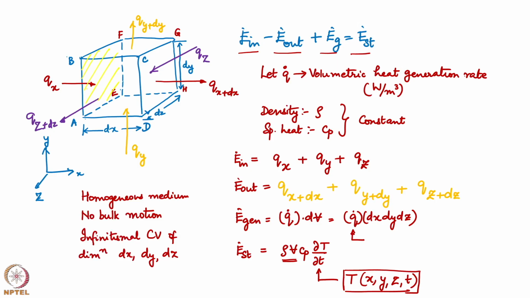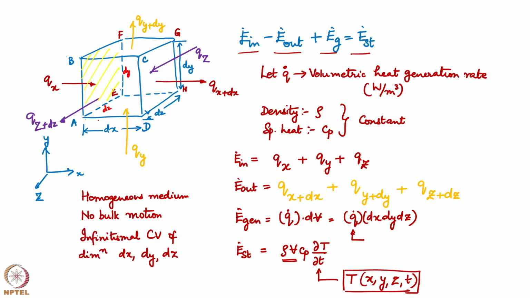This is Q x, which is perpendicular to this surface, which means the area through which the heat transfer is happening is of dimension delta z in this direction times delta y, dy in the vertical direction. So, q x is through area dy dz.